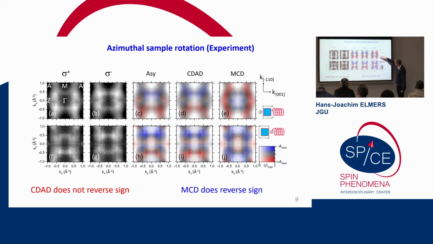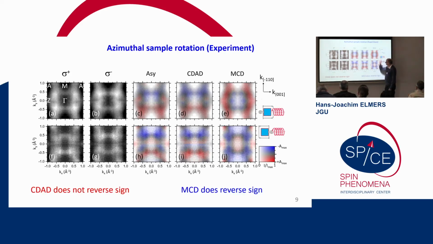Now we turn the same sample by 180 degrees and repeat the experiment under the same geometry, with all experimental conditions the same. What you then observe is that the asymmetry largely doesn't look very different, because in these regions it is dominated mostly by the circular dichroism in the angular distribution, which by crystal symmetry is not expected to change if you rotate the sample by 180 degrees.